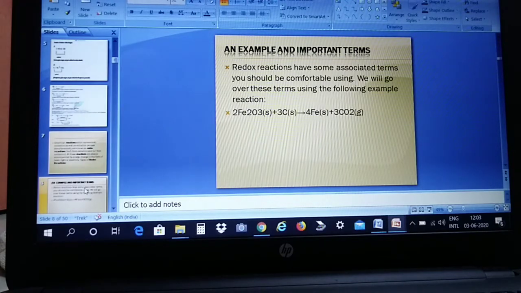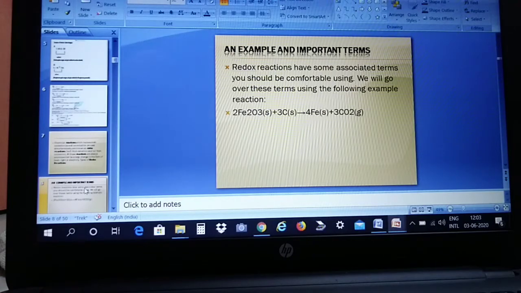This is an example of a redox reaction where reduction and oxidation happen together. It is never that oxidation happens and reduction does not, because if there is a loss of oxygen, the other reactant will be gaining the oxygen, or if there is a loss of hydrogen, the other reactant will be gaining the hydrogen.